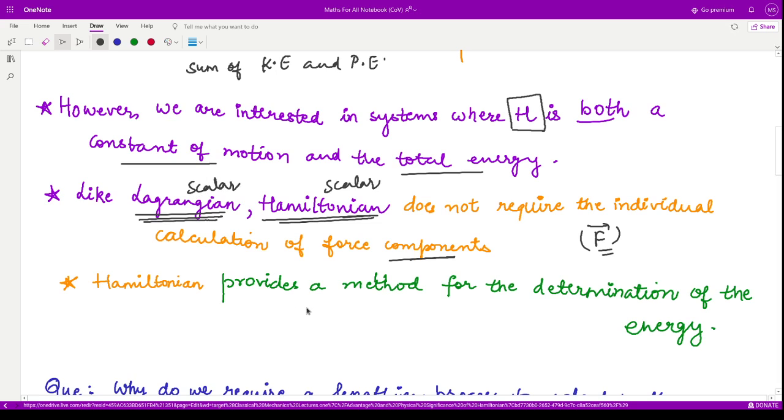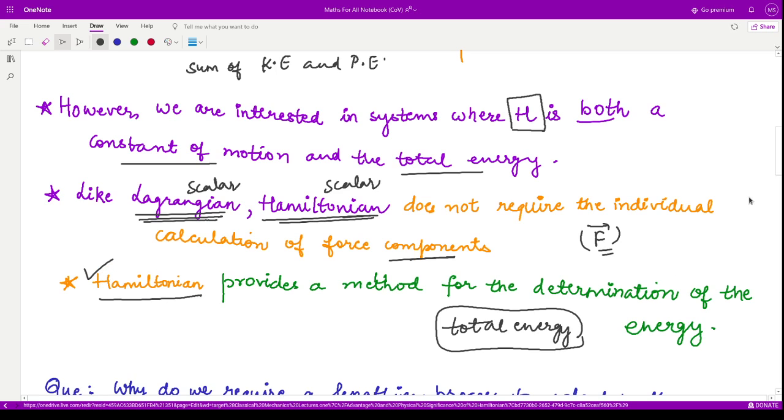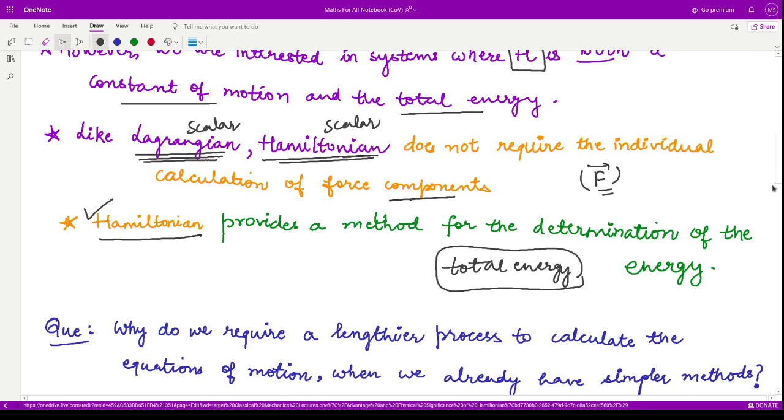But what differentiates it from the Lagrangian is that this Hamiltonian, being a scalar, provides a method which could determine the total energy of the system. Although we are saying this to be true only in some particular cases, it gives us a method to calculate the total energy of the system.